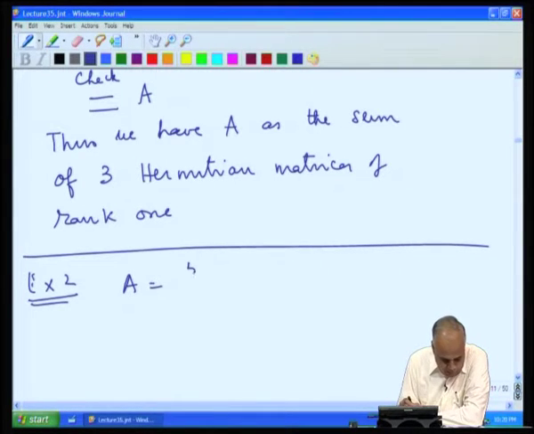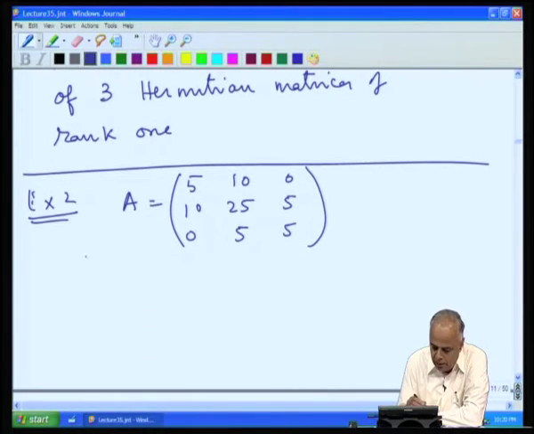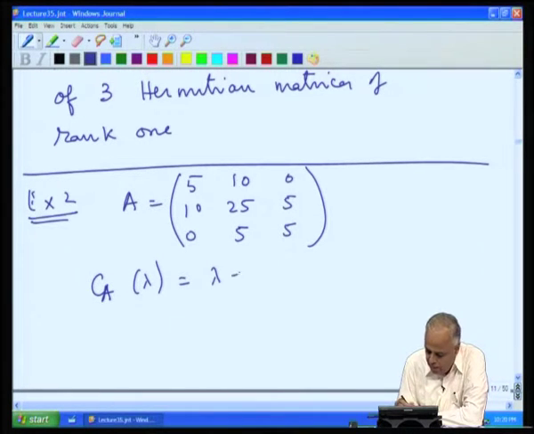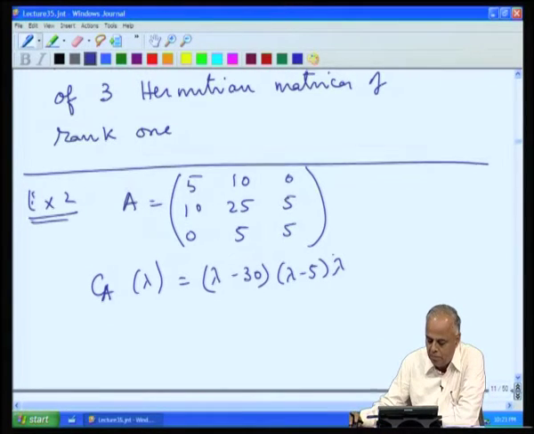A equal to 5, 10, 0, 10, 25, 5, 0, 5, 5. Now, if we calculate the characteristic polynomial, we get lambda minus 30 into lambda minus 5 into lambda. If you write down the determinant of lambda I minus A and expand it, you will see that it can be factored as C A of lambda equal to lambda into lambda minus 30 into lambda minus 5.